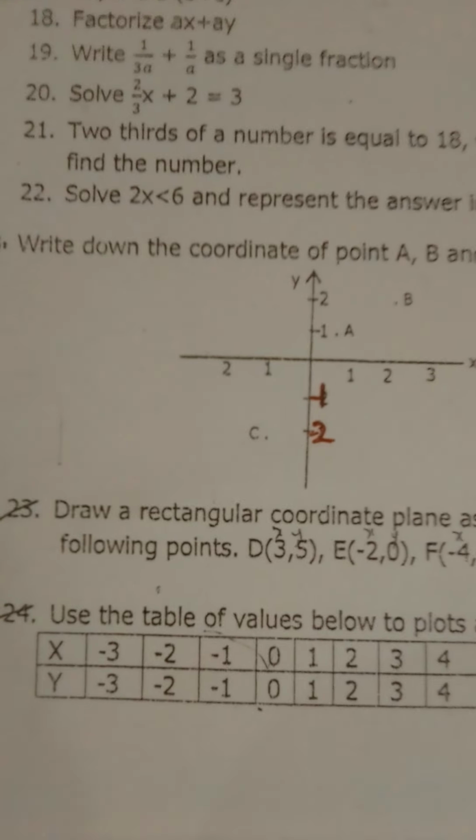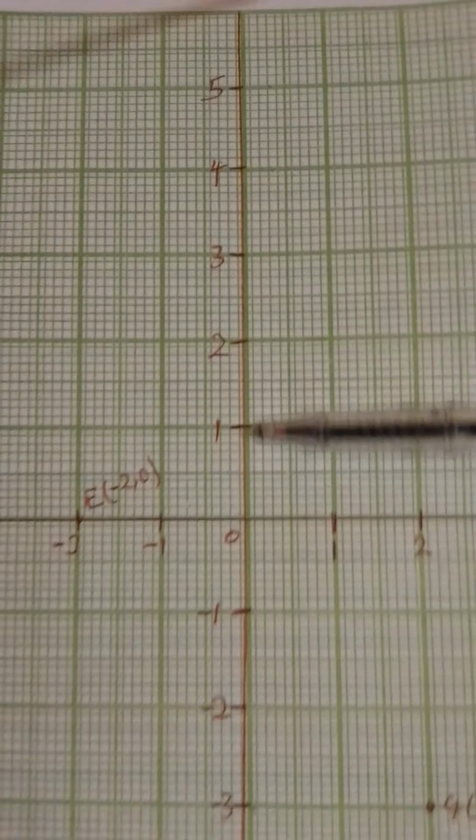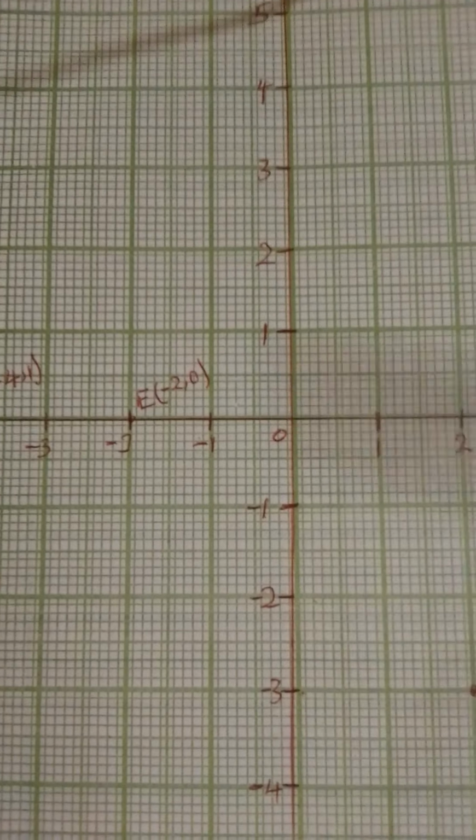And then we have to use graph paper to do it. In using graph paper to draw a rectangular coordinate system, first of all, we have our plain graph paper here. Then we draw the y-axis, a straight vertical line from the top of the graph to the bottom, following one of the bold lines of the graph.